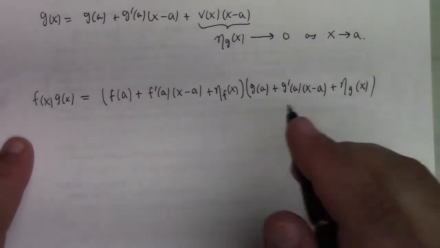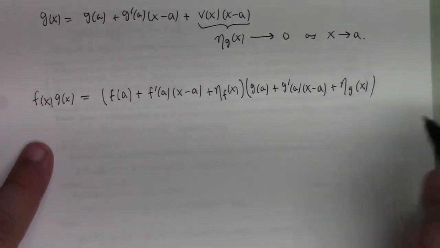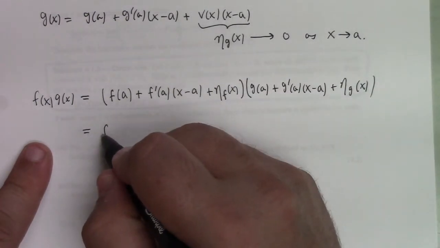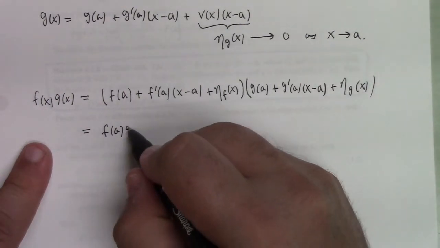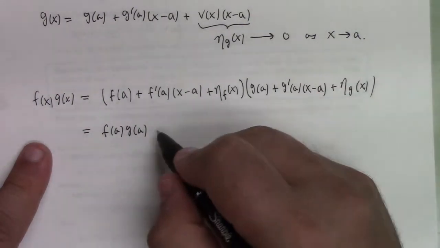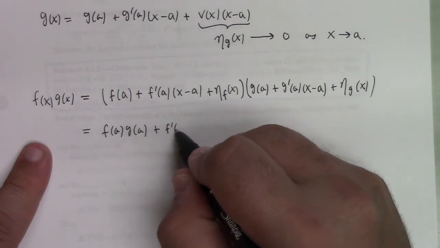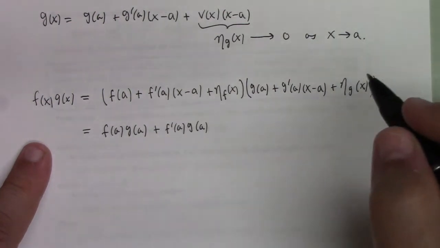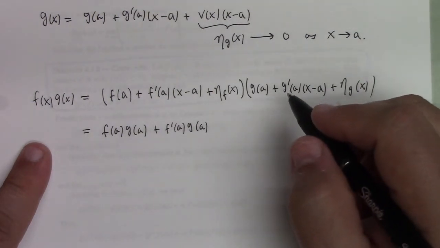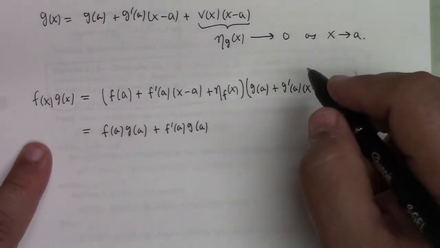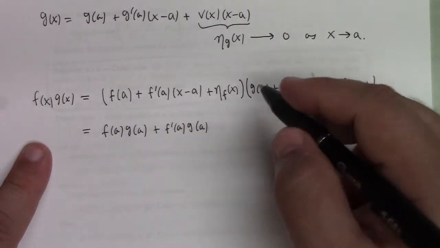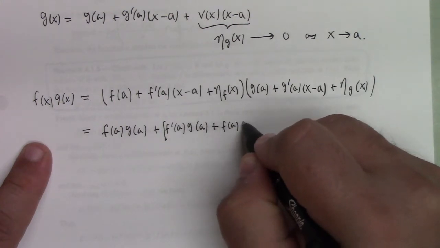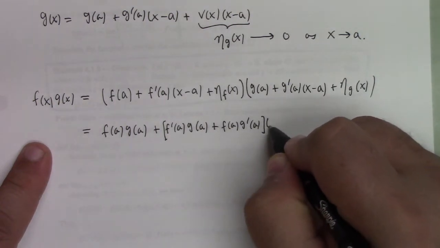And so that is equal to f of a, g of a, plus f prime of a times g of a times x minus a, but then I'll also write plus f of a, g prime of a times x minus a.